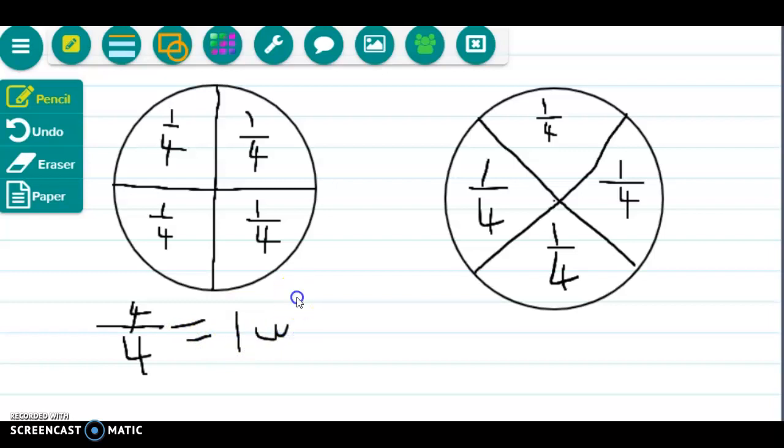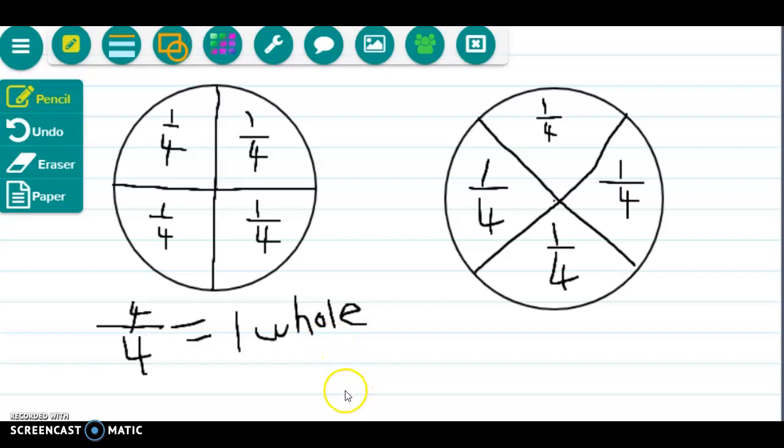Because if I added all of the different parts together, it would equal 1 whole circle. One thing to remember is whenever you have a fraction that's over the same number, like 4 over 4, it always equals 1 whole. Even if it's 100 over 100, it equals 1 whole.